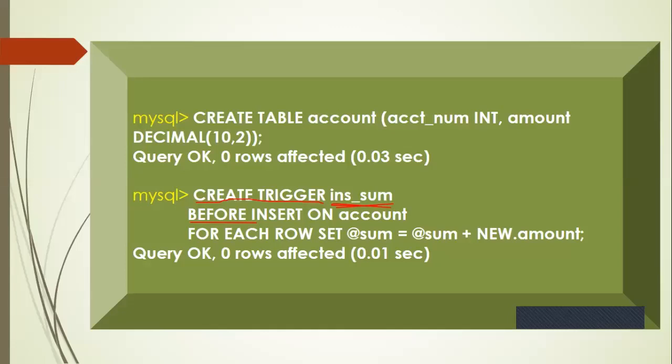Now let us see what happens. Whenever we write create trigger insert_sum, that is the trigger name, followed by before insert on account.